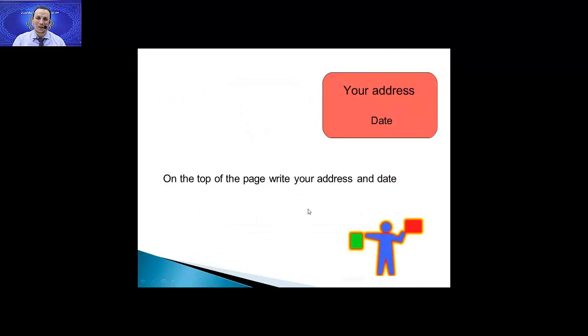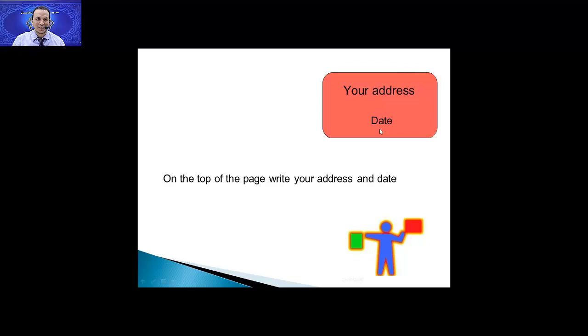In the beginning, you have to write the sender's address, your address, and the date on the right. But here in Oman, in Oman exams and course books, they don't write the sender's address on the right. Okay?